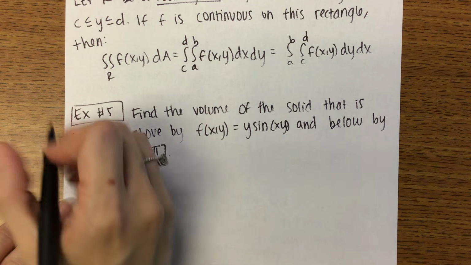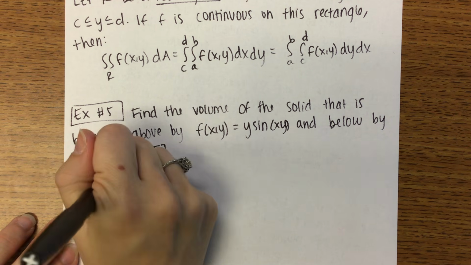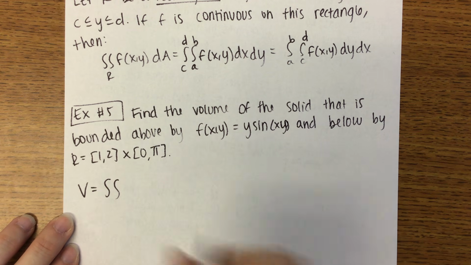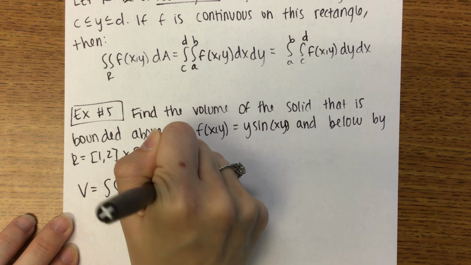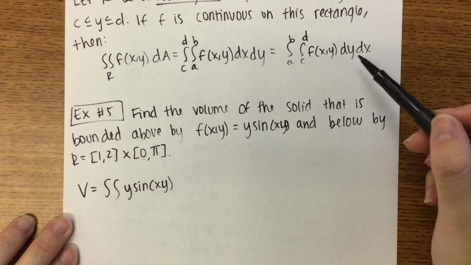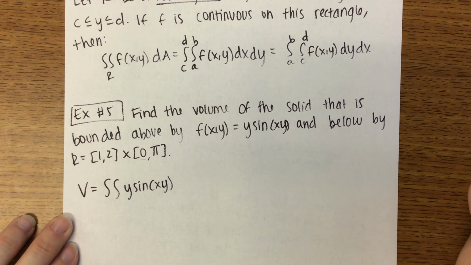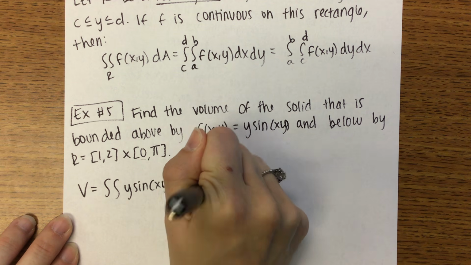So let's set up our volume. It's going to be the double integral of that f of xy, so y sine of xy. R is rectangular, so by Fubini's theorem, it doesn't matter if we integrate with respect to x or y first. So let's do x and then y.